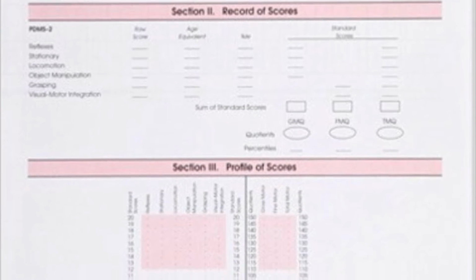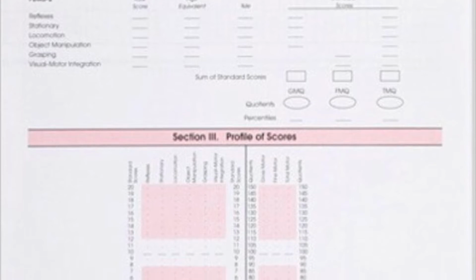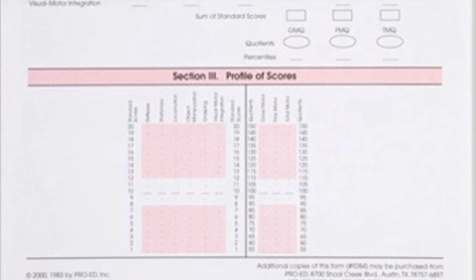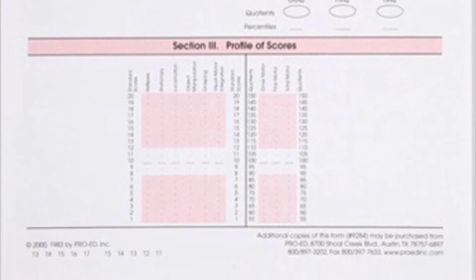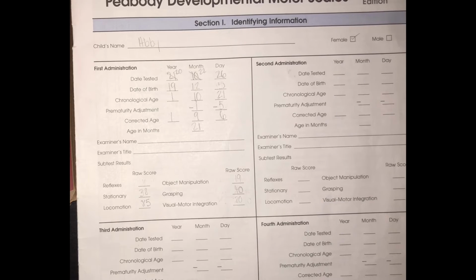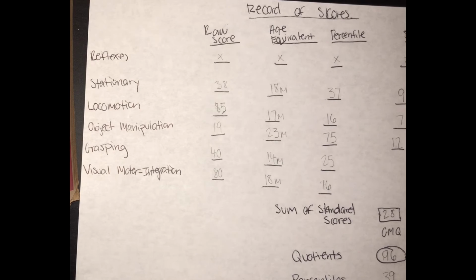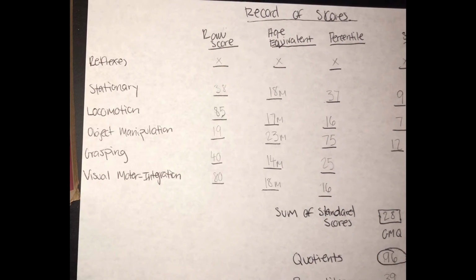And then the other sections replicate the testing booklet and also include some plotting of the calculated values. I don't have that, so I made my own little makeshift profile summary form. So here is where you would do all your calculations, and I'm going to go through that in a minute.